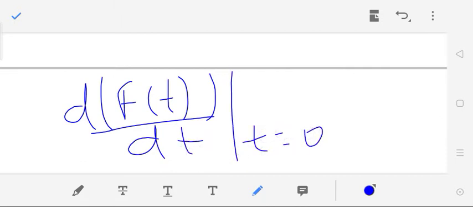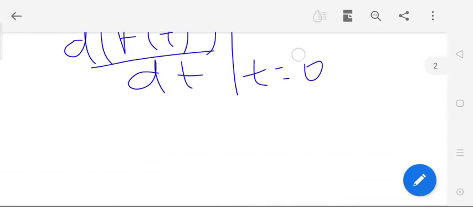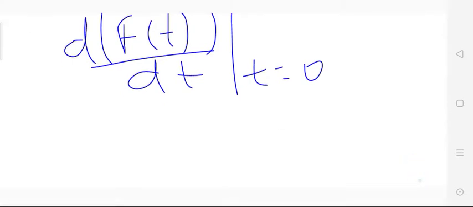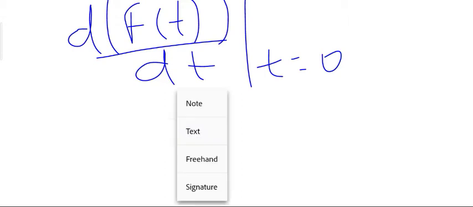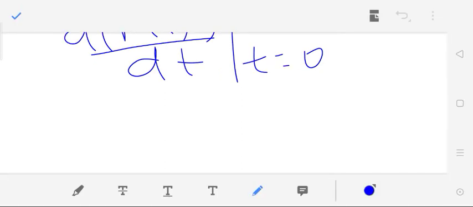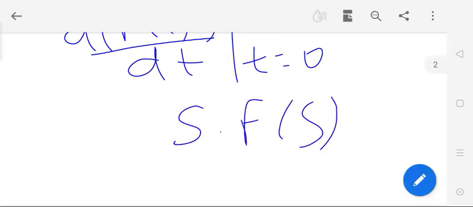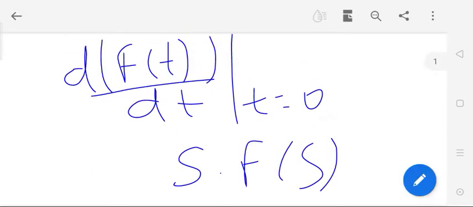Now if F(s) is the transform of f(t), then the transform of df(t)/dt will be s F(s). This is clear.